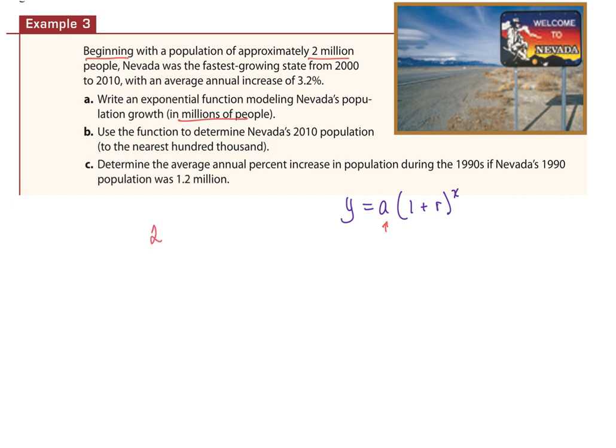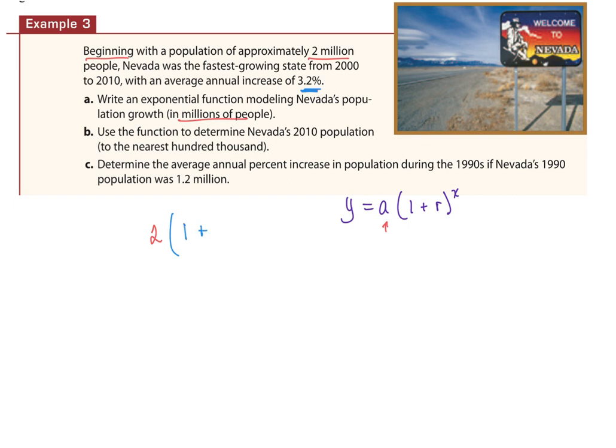Nevada was the fastest growing state from 2000 to 2010 with an average annual increase of 3.2%. They just told me my rate.